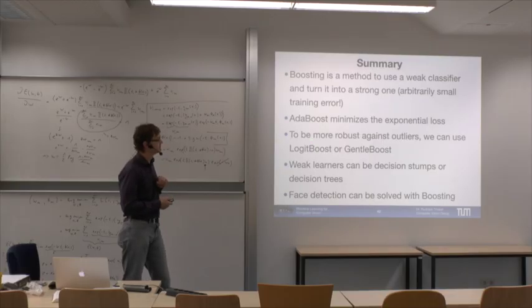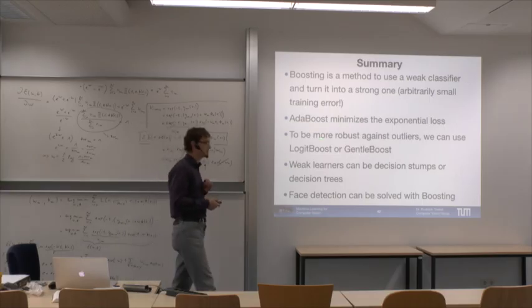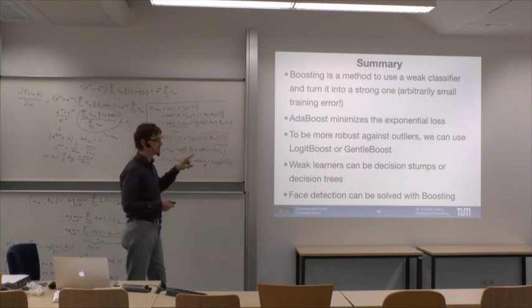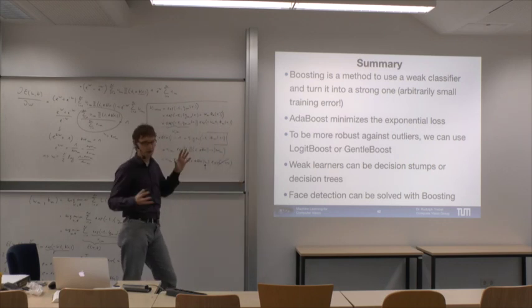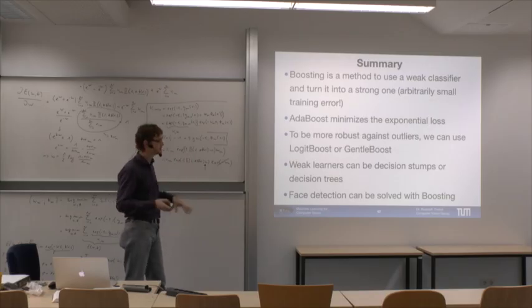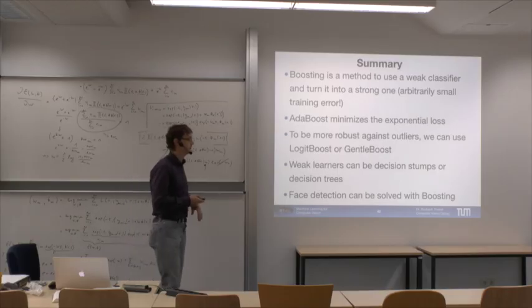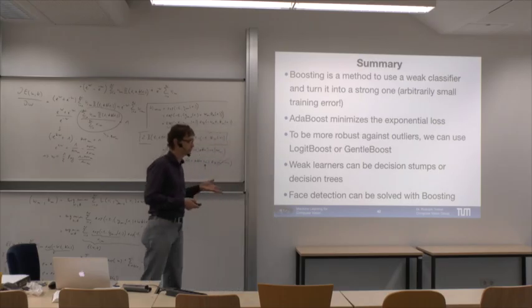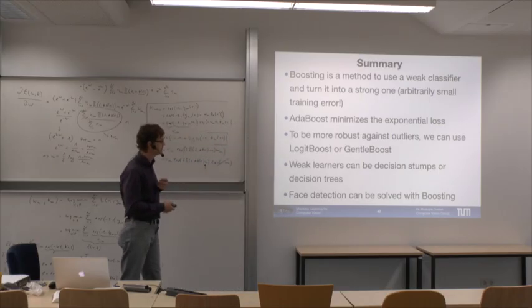These are more robust against outliers, and Gentle Boost works in general a little bit better. And we also had Gradient Boost, which is not here. Gradient Boost is just a very general way of doing that. Just have a general loss function and minimize that by just deriving that loss function in every training round with respect to f, right, to my prediction.